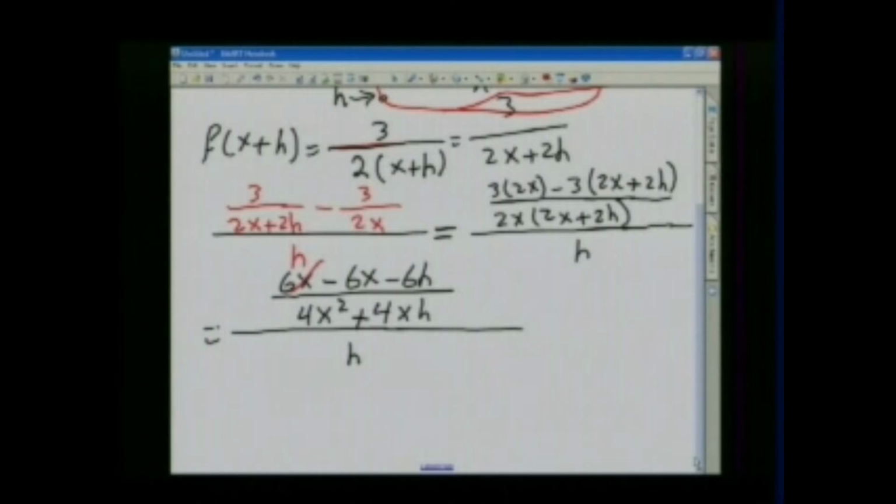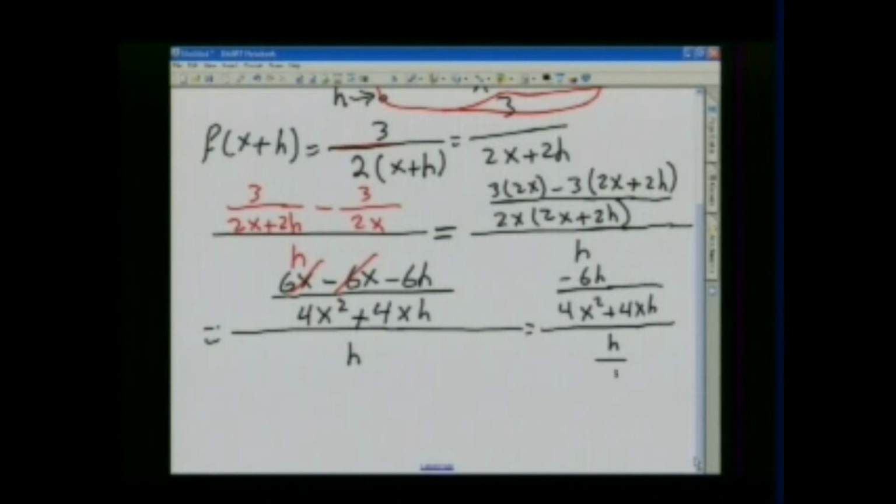Now this 6x and minus 6x would cancel. So in the numerator, all I have is minus 6h divided by 4x squared plus 4xh, divided by h.